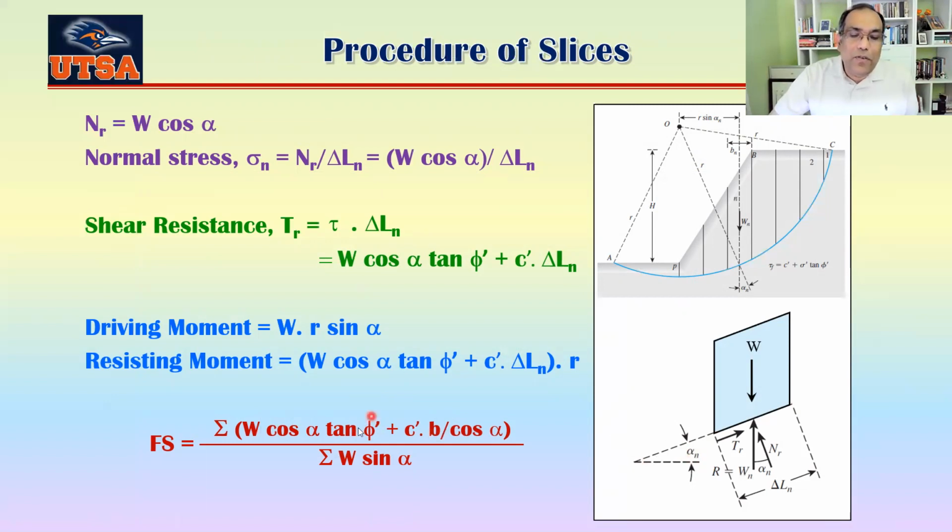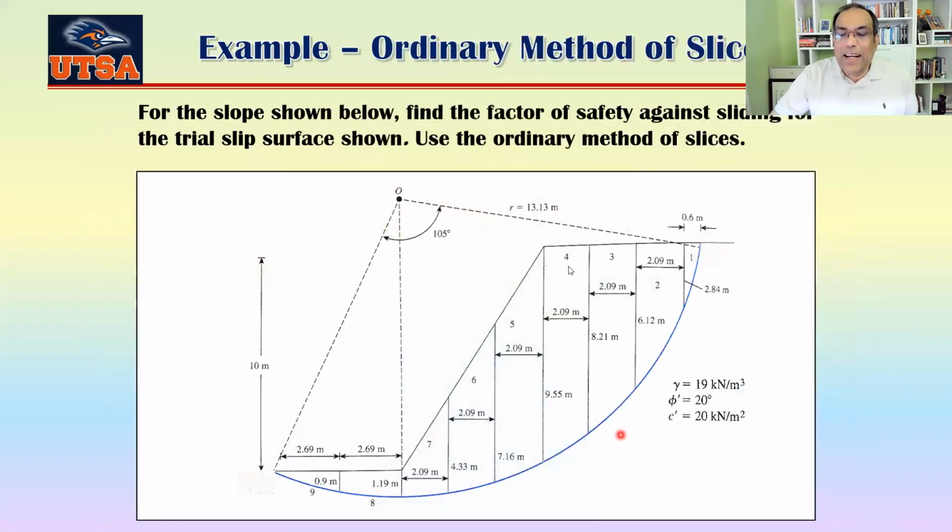So we are trying to find out that alpha here because these properties are given, okay? So you have to find out B, and you have to find out the length here and here so that you can find out the area. For this particular slice, what would be the volume of this slice? That would be this plus this divided by 2 multiplied by this. That would be the total area.